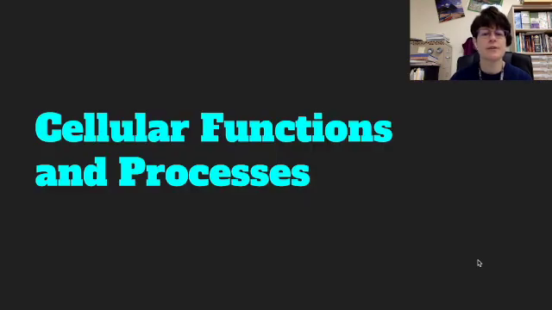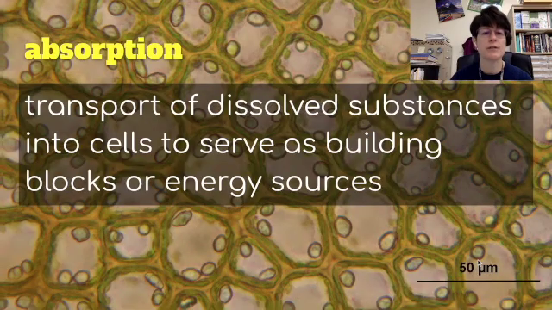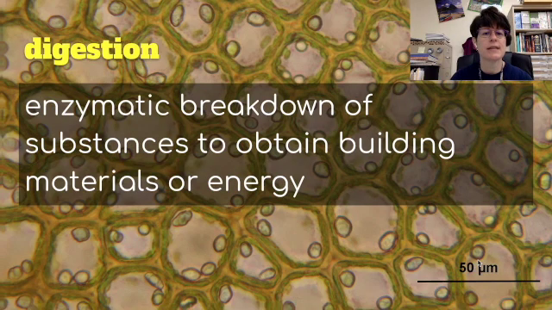Now, some of those cellular functions and processes that go on in a cell are nutrition, first of all. Part of nutrition is absorption, the transport of dissolved substances into cells to serve as building blocks or energy sources. Digestion, the enzymatic breakdown of substances to obtain building materials or energy.